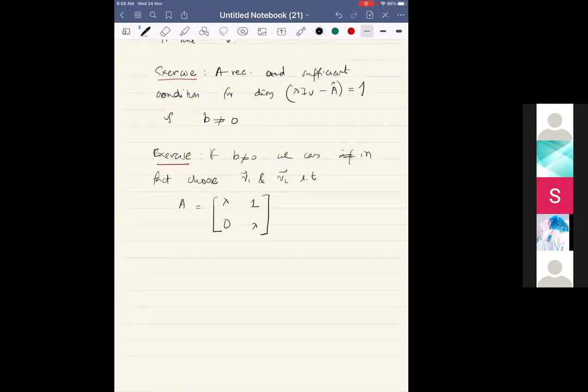So this is an example. In other words, you can choose an eigenvector V1 and then another vector V2 such that the matrix of your given linear map A hat with respect to this basis is of this very special form: lambda, lambda, and 1 here. This is an example of what's called a Jordan canonical form.